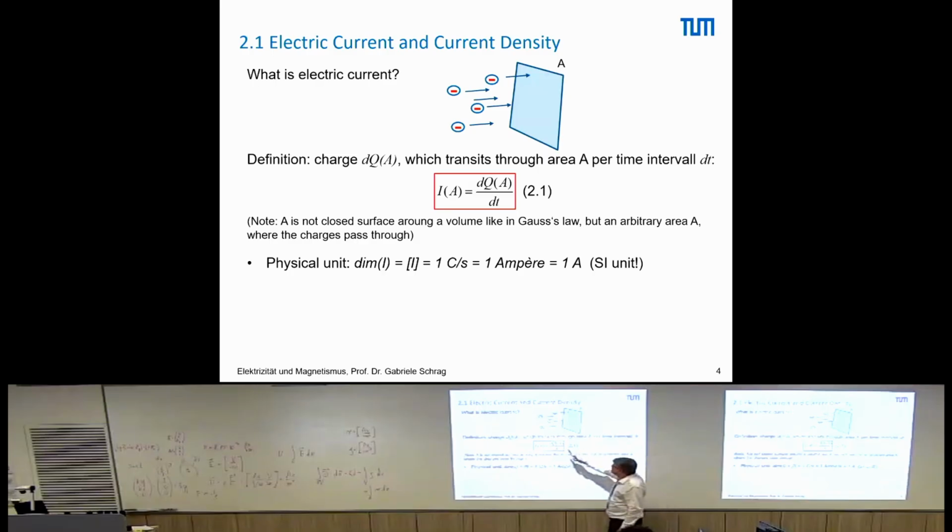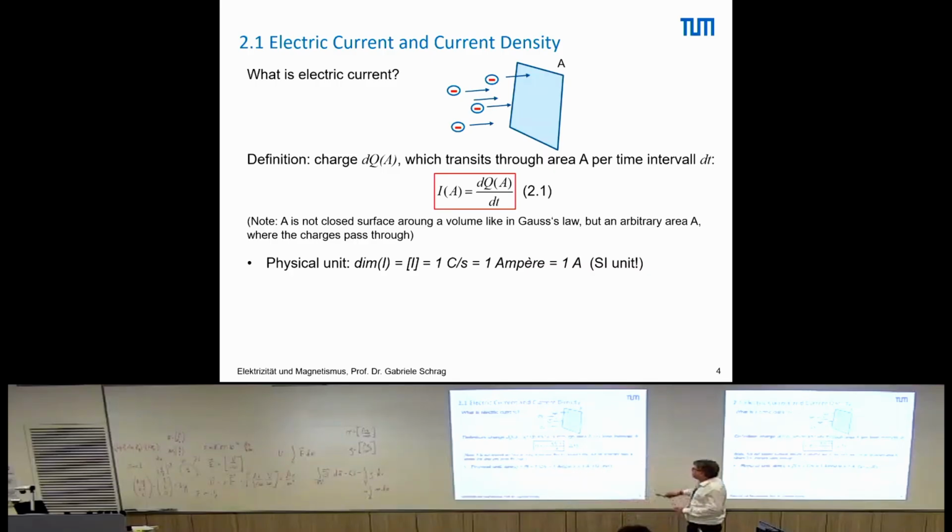The number of carriers that pass through this area per time unit gives you your current. So this is a change of charge per time. Charge is in ampere times second, and ampere times seconds per time gives you ampere. So the unit of current is ampere.